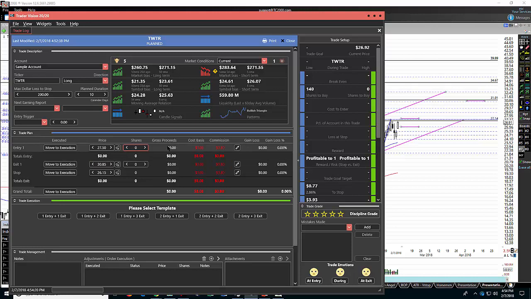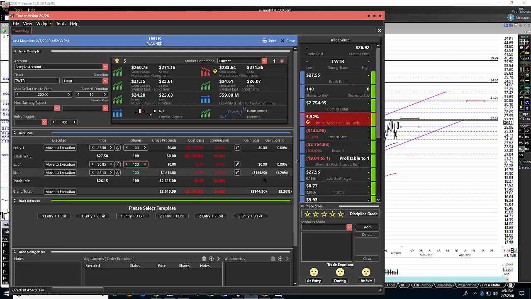Says we can do 140 shares. I think that's going to be too many. Let's just do 100. Still going to give us over 5% of this small account, but let's just say that we could do that. And taking all 100 shares there at our one target, what does that do for us?